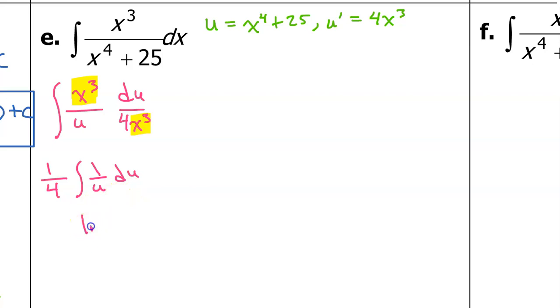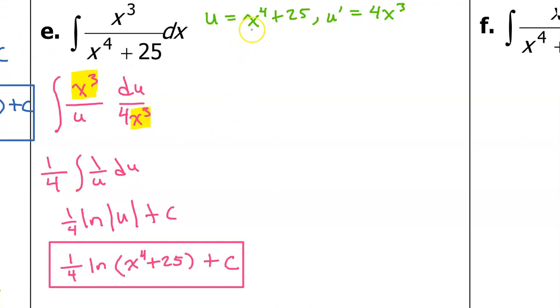We know this is the natural log of the absolute value of u plus c. We bring down the 1/4, of course. Substituting x to the 4th power plus 25 back in for u gives us the final answer. Notice that we no longer need the absolute value symbol because x to the 4th power plus 25 is always positive.